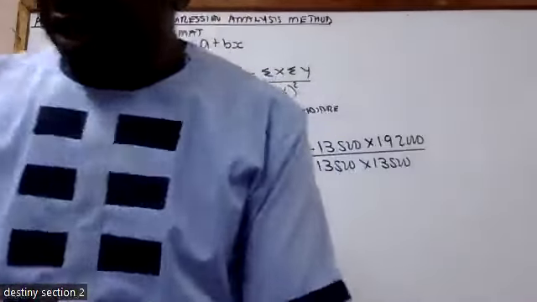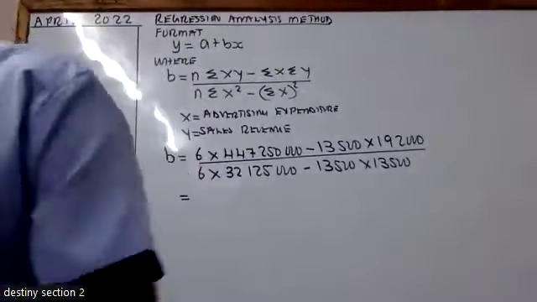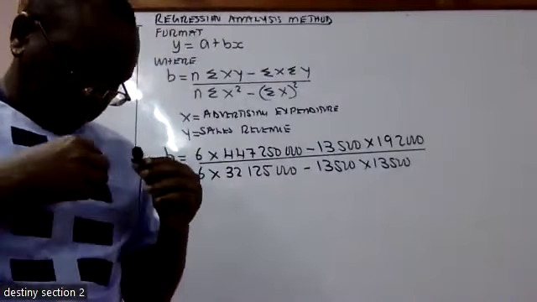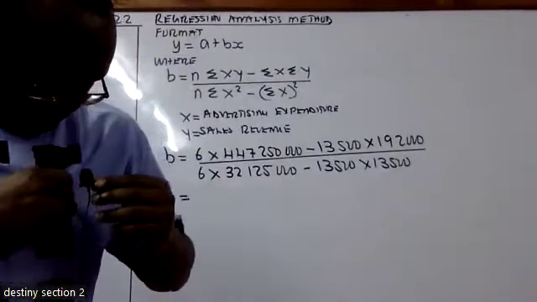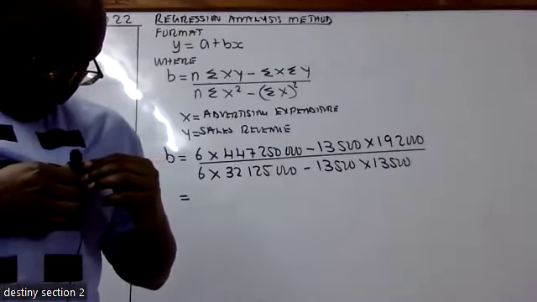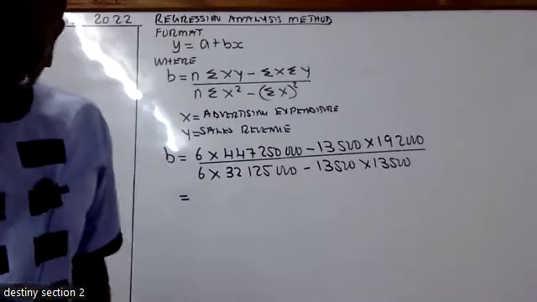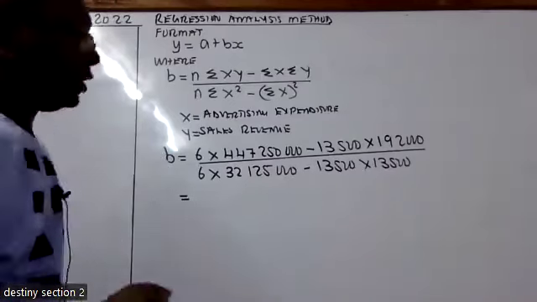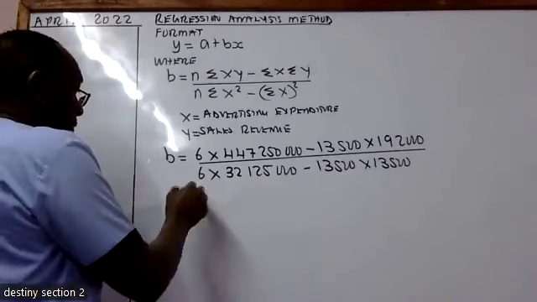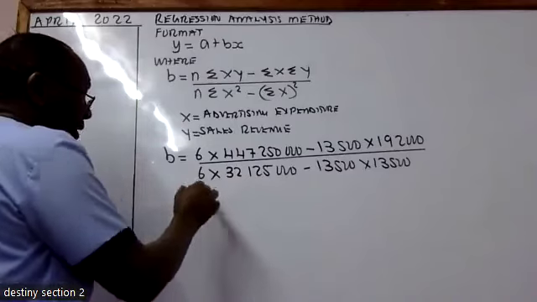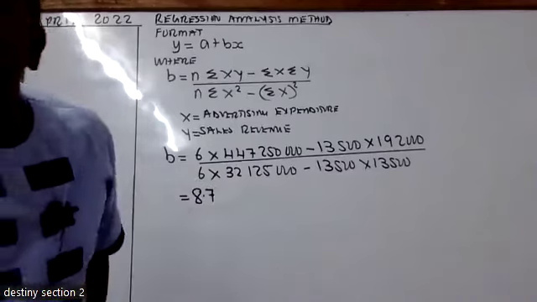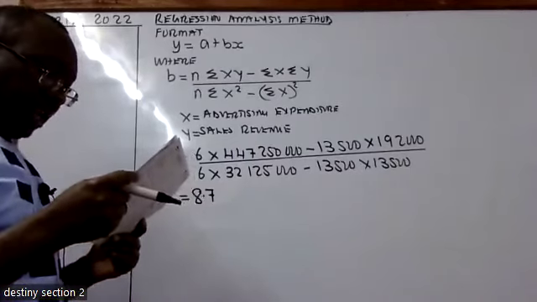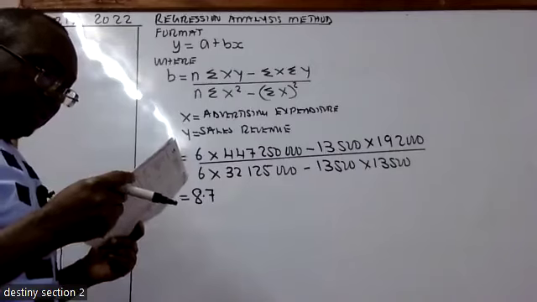Okay, I can see the answer is 8.7. Now this 8.7 is what the examiner is asking us to compute: estimate the fixed and variable elements of the sales revenue.